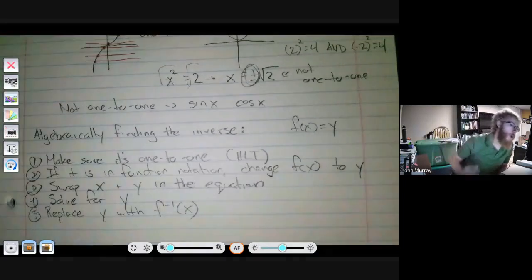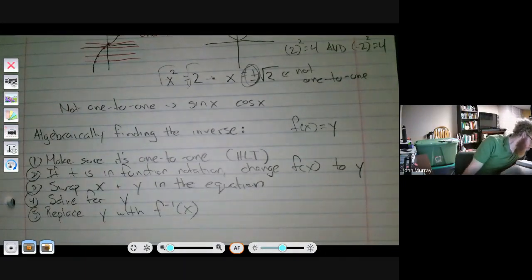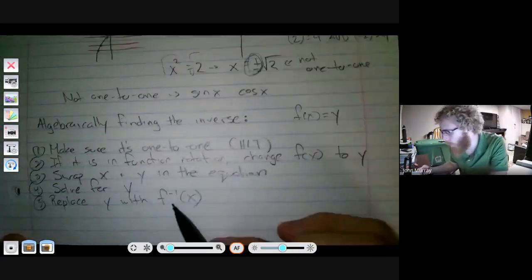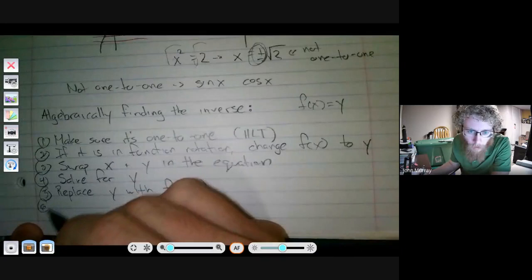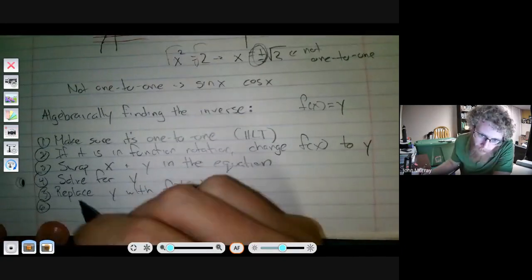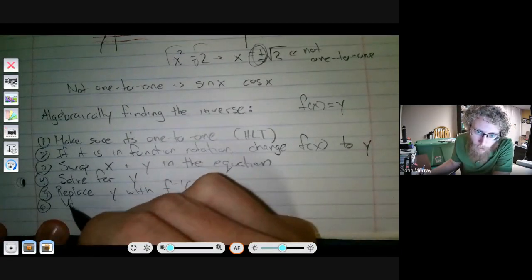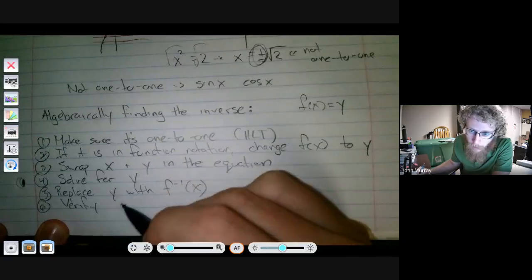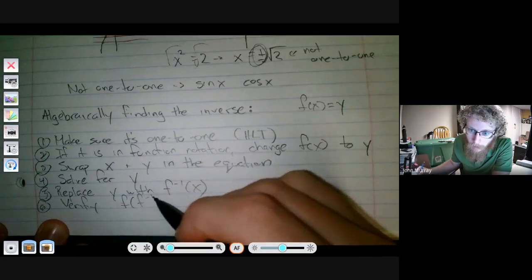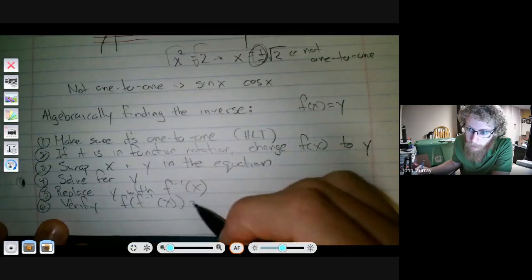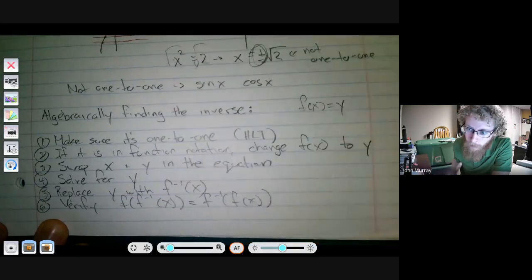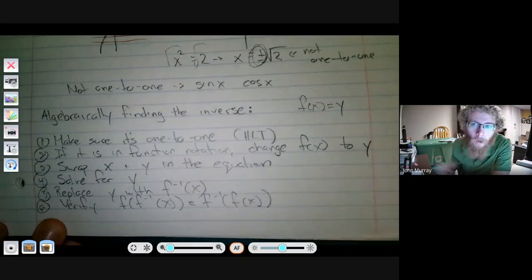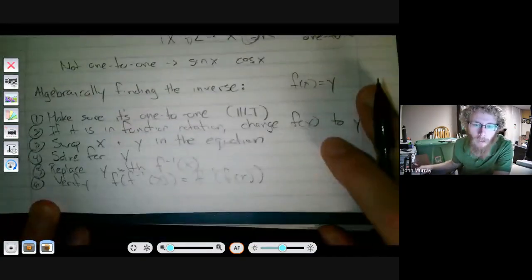Okay, once we get the y by itself, we're going to substitute in our inverse notation, f -1 of x. And then technically in math, you're always supposed to [simplify] by doing our rule that we did yesterday.